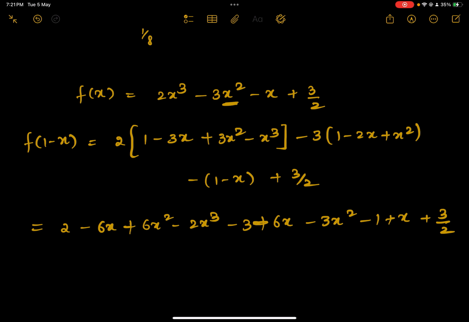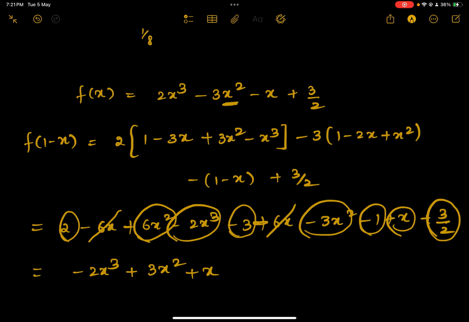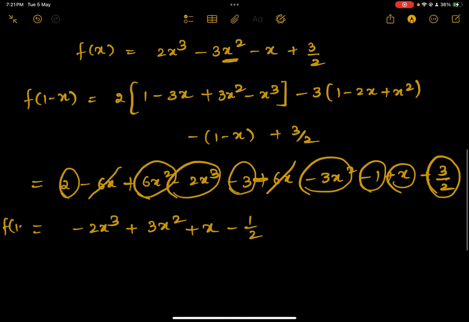Now if you carefully observe, let's write the cubic polynomial. This is simply minus 2x cube. You have 6x square here and minus 3x square here, so that will give you plus 3x square. Minus 6x plus 6x will get cancelled and you have plus x, and minus 3 plus 2 is minus 1, minus 1 minus 1 is minus 2, minus 2 plus 3 upon 2 is minus half. So this is your f of 1 minus x.